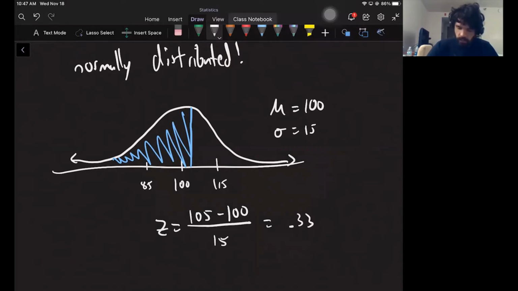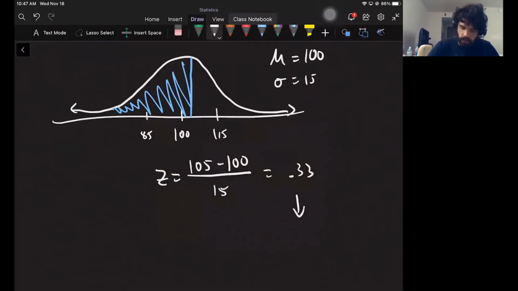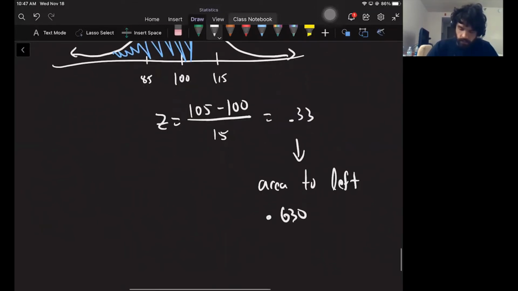We get 0.33 repeating. And if you use the online calculator, you'll get the area to the left to be 0.630. And then that's going to be your answer, which you can put in context. Okay.